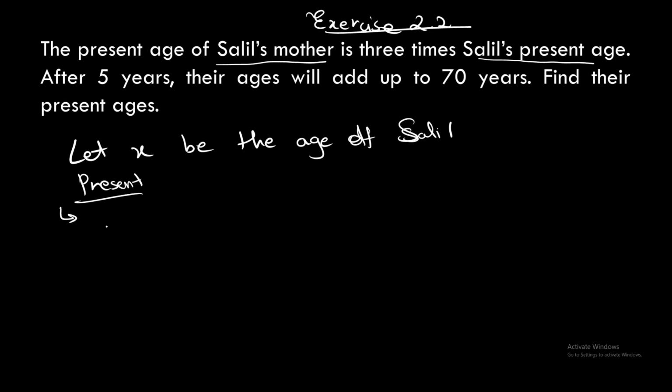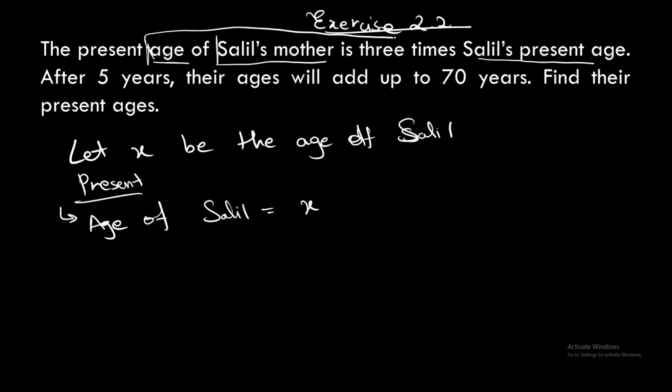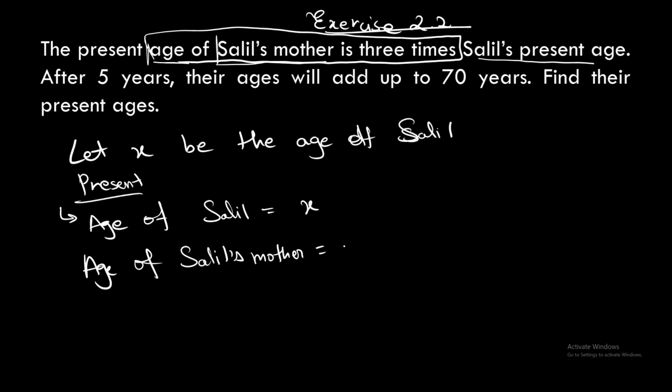So let us first write the scenario for present. Age of Salil is equal to x, and then we are told that the present age of Salil's mother is 3 times that of Salil's present age, which means age of Salil's mother is going to be equal to 3x.